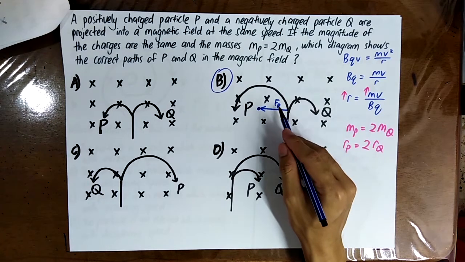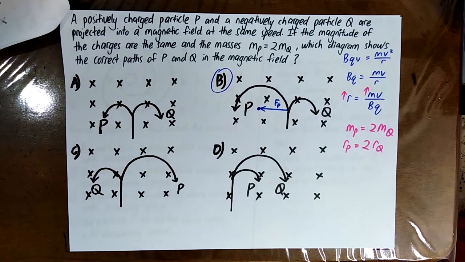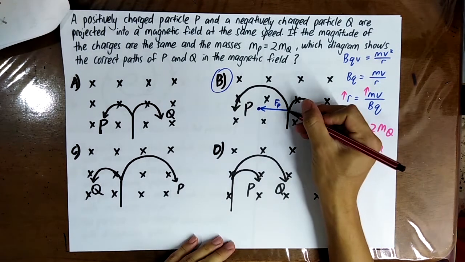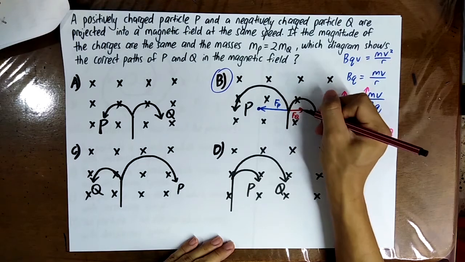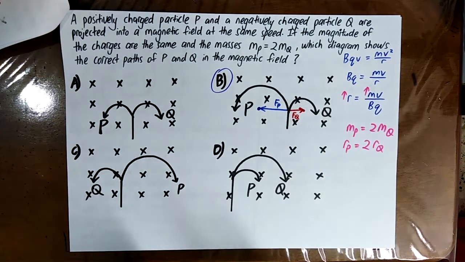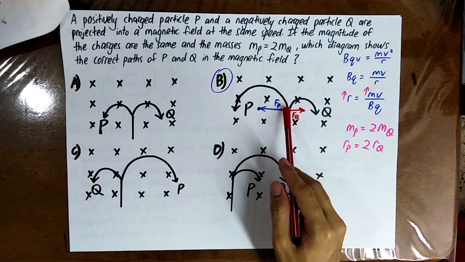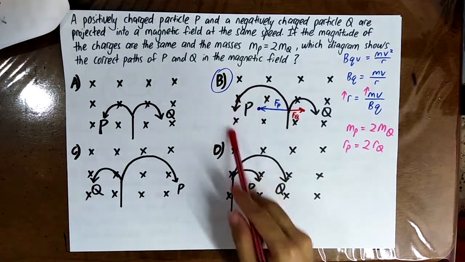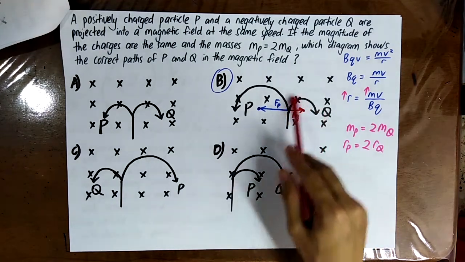That means that the force will be opposite, that is, the force on Q is here. So the positively charged particle will move anti-clockwise, and the negatively charged particle will move clockwise.